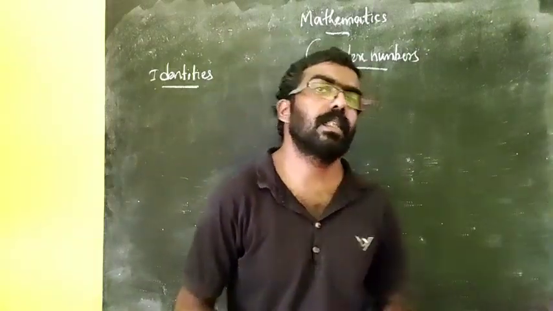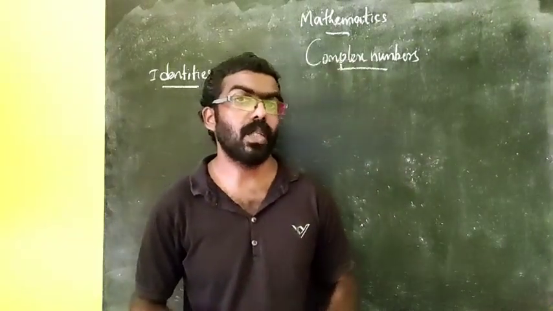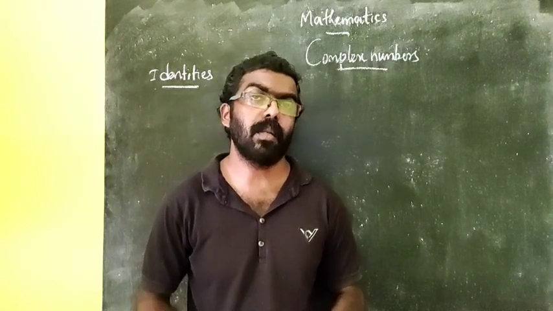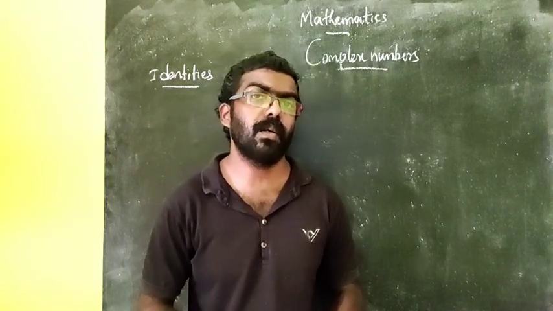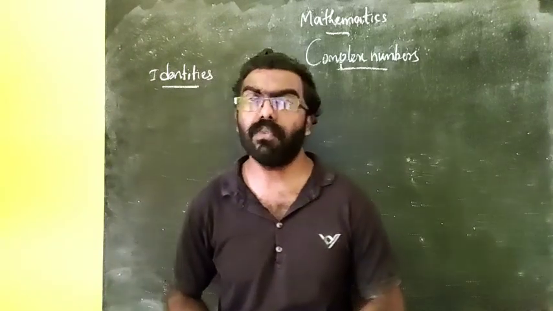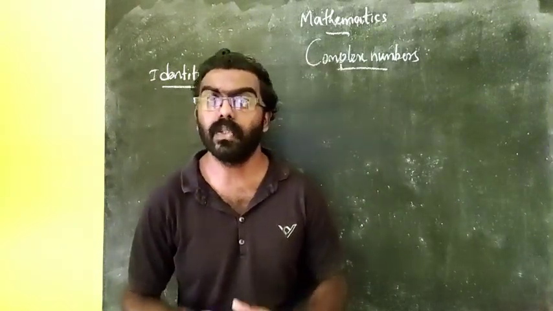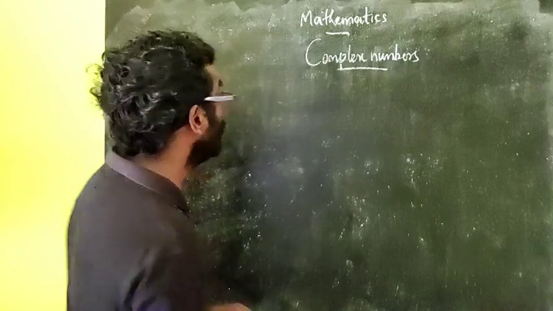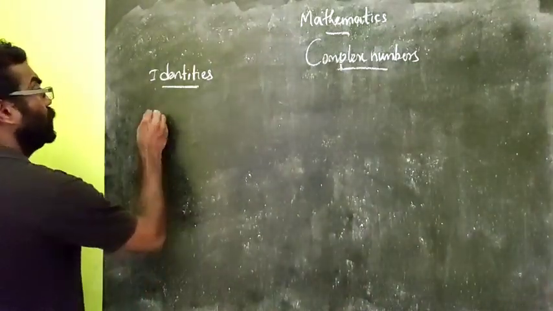Now we shall discuss the identities. We know the algebraic identities, namely (a plus b) the whole square, (a minus b) the whole square, and so on. Here also in the set of complex numbers, we can use those identities. Okay, z1 and z2 are any complex numbers.